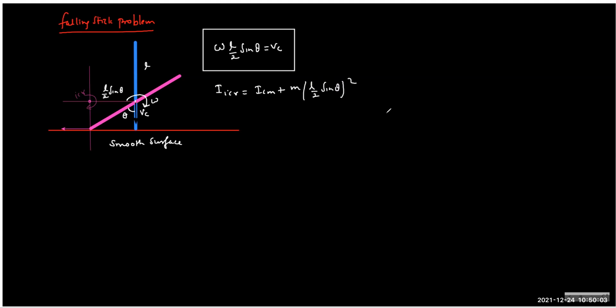Correct? Yes, sir. And this is mL square by 12 plus mL square by 4 into sin square theta. So these are the calculations that we need in future, not now, but just for the sake of analysis I wanted to discuss. Now we can go to the next concept.